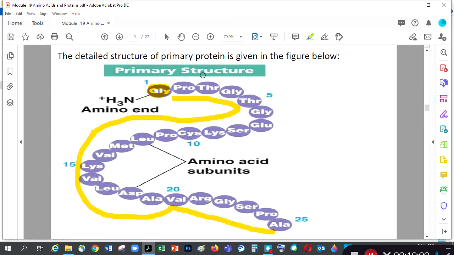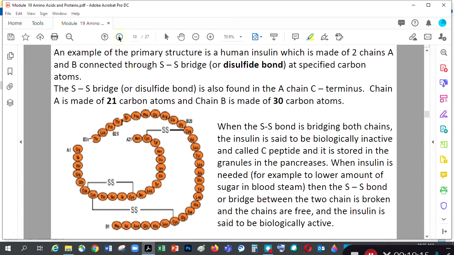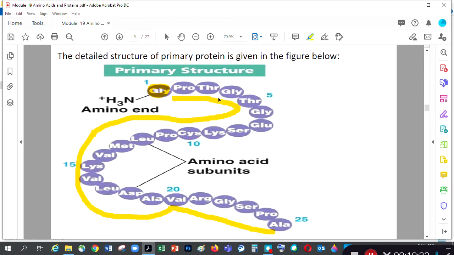So this is the primary structure, very simple one, and believe it or not, this is the basic unit. It can go to this secondary type structure of the protein, but it needs some arrangement. So before we go into the secondary, let's get an example of this primary structure.